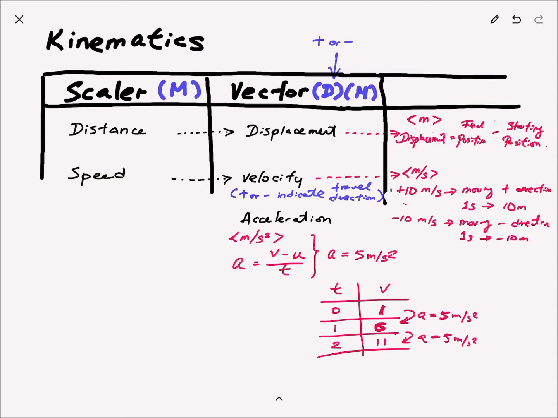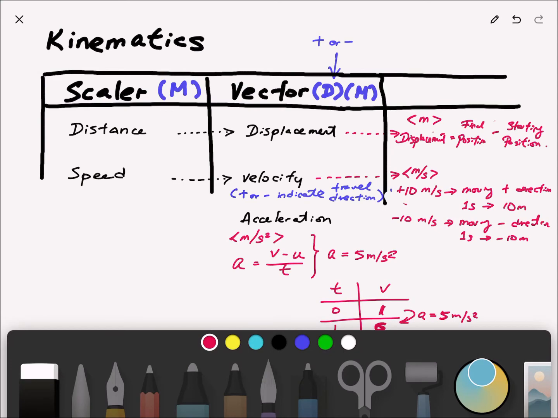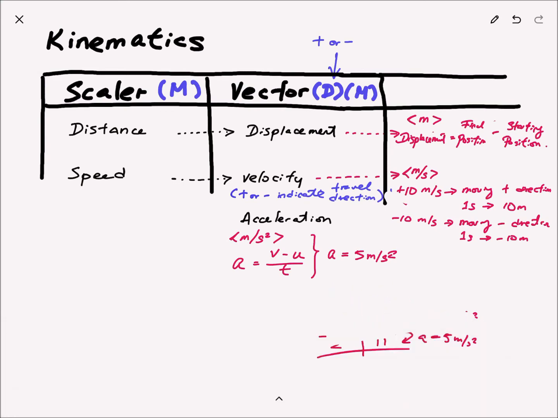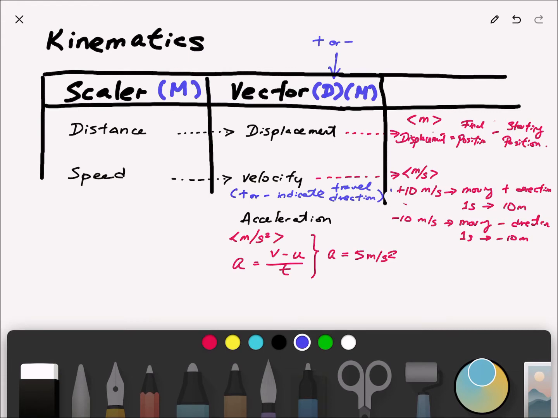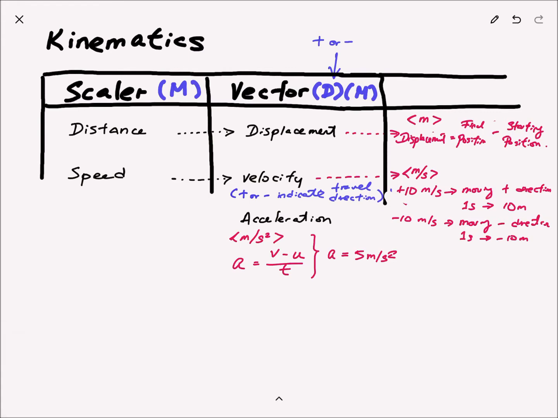It can be an increment or it can be a drop. So what do you mean by a drop? For example, let's say I have an acceleration of a equals minus 3 meters per second squared, and I decided to start my velocity with, let's say, 12.